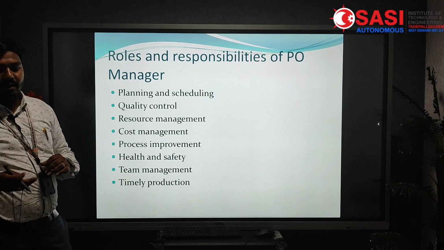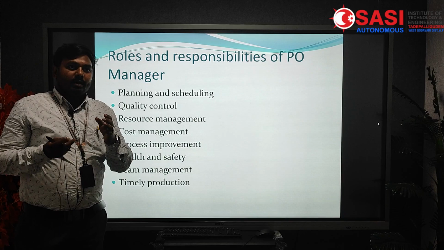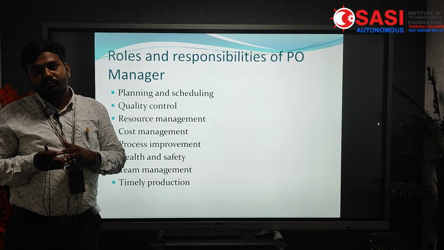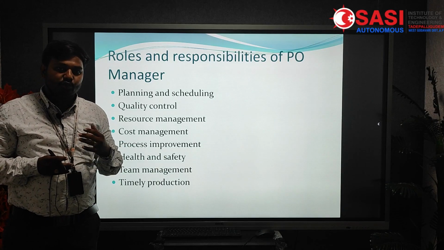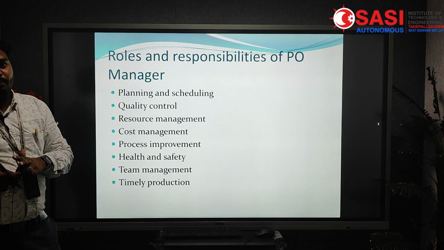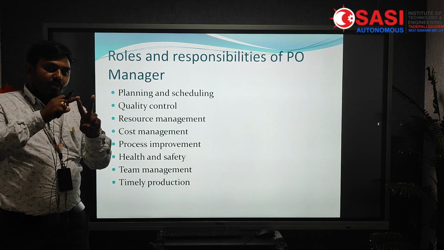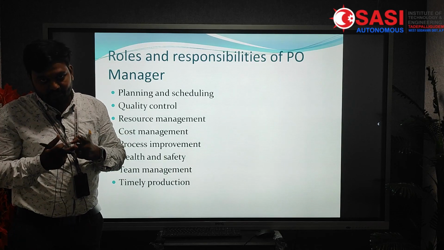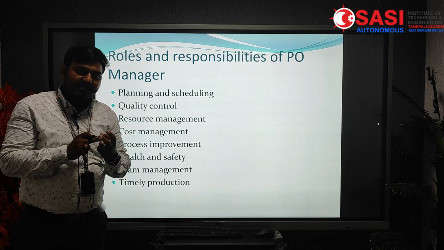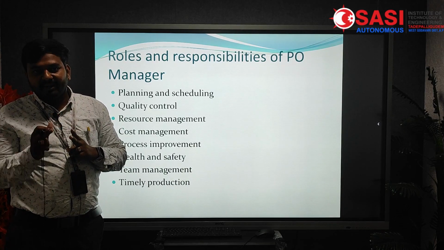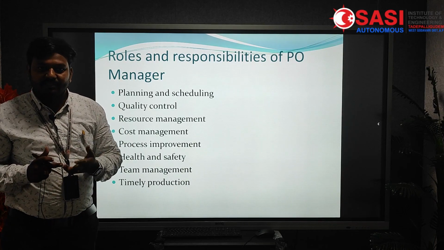Cost management. As I told you, every businessman or every business organization wants to earn the maximum profitability. The maximum profitability will depend upon two aspects. One is cost reduction and the other one is a price increase for the goods or services. No businessman or manufacturer will dare to increase the price for their products or services. Why?